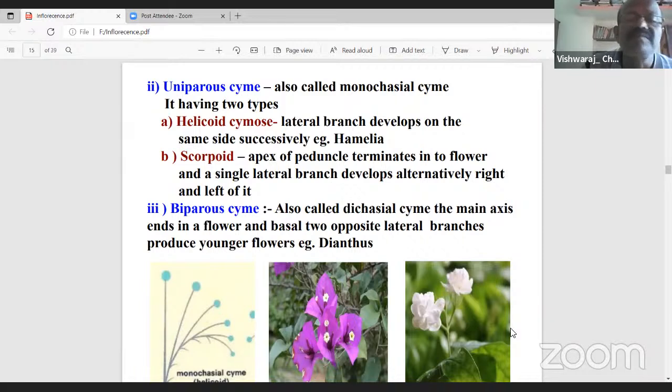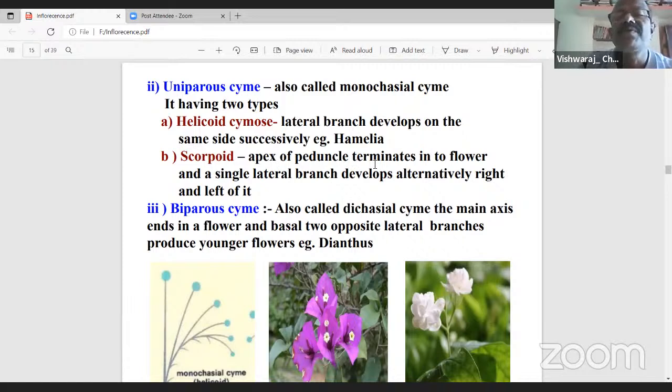But scorpioid is a zigzag structure: one flower on the left side, one on the right, left, right, left, right. That is scorpioid. Helicoid means one-sided; scorpioid is zigzag.